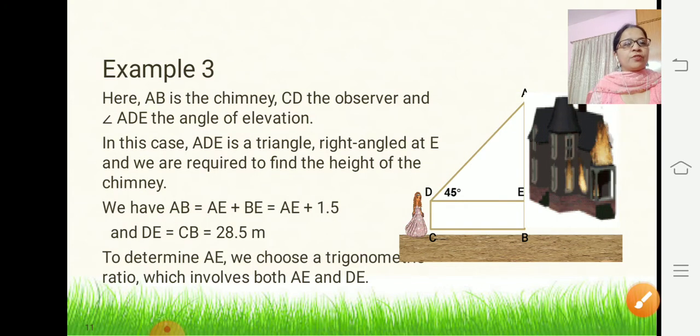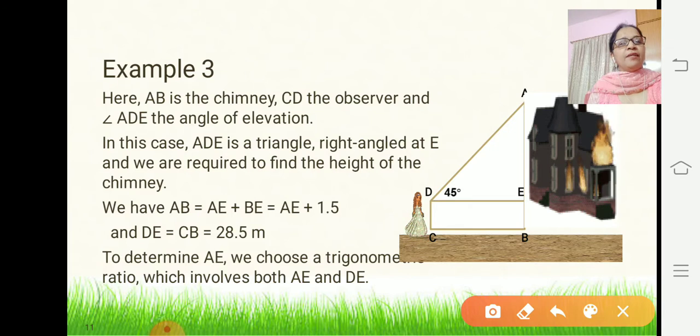Let us proceed to solve this. So AB is the height of the chimney. DC is the height of the girl, which means BE will also be the height of the girl. CB, which is already given 28.5, will be equal to DE, right?